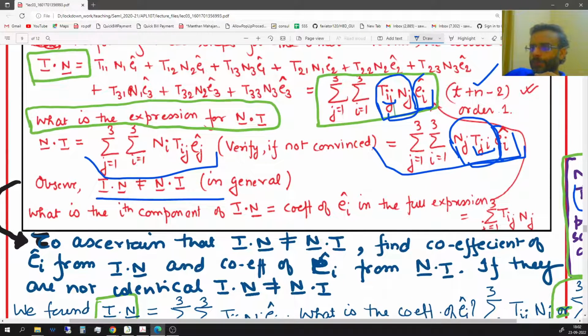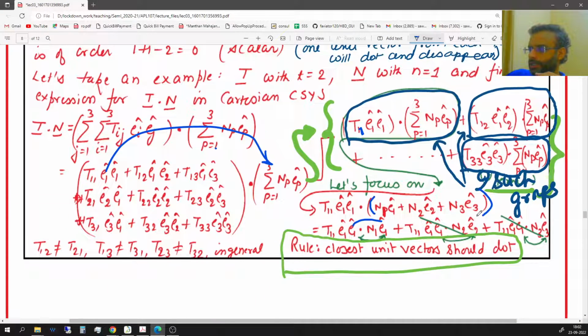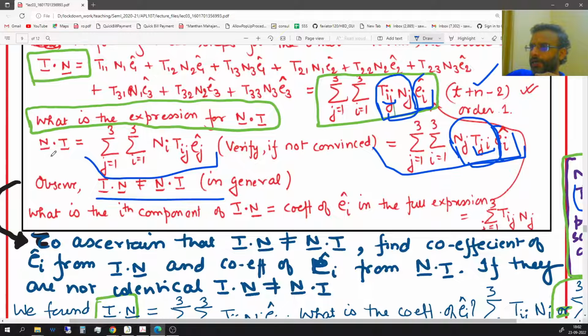Now, when you perform this, you can follow the same set of steps that we had for T dot n, and one can verify that n dot T will also have nine surviving terms, and the sum of those nine surviving terms can again be written in the sigma notation as what I have here, ni, Tij, ej, with summation going over i and j. You can verify yourself. I have not written all the steps, but if you wish, you can do it yourself.